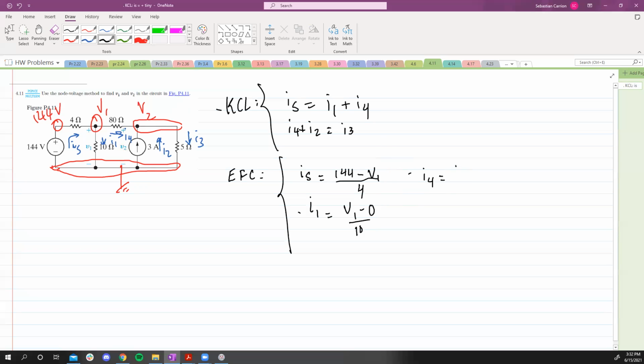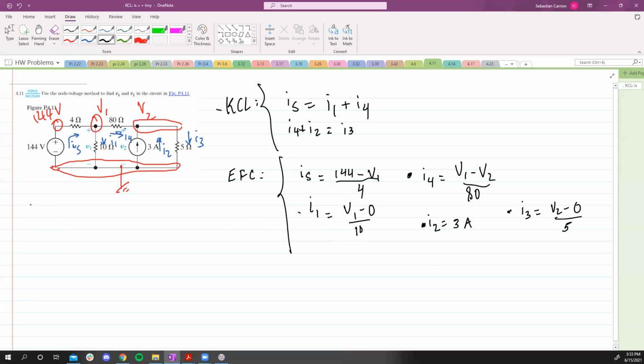I4 equals V1 minus V2 over 80. We know I2 is equal to 3 amps. And then for our last equation, I3 is equal to V2 minus 0 over 5 ohms.